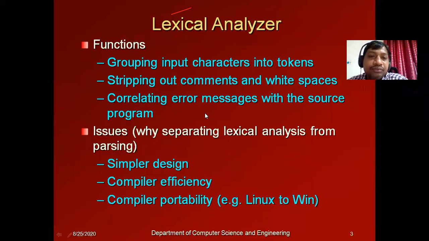The next function is stripping out comments and white spaces, since source code may contain white spaces and comments. While translating the source program, white spaces and comments are non-executable statements, so there is no need to translate them into machine code.